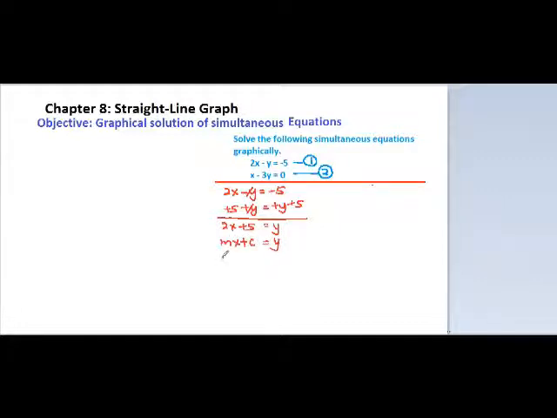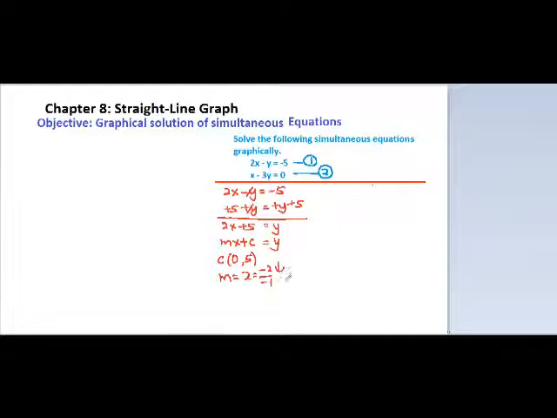So we know that the y-intercept of the first equation occurs at 0, 5. And the gradient is 2. When this is interpreted in terms of rise over run, 2 is equal to negative 2 over negative 1.